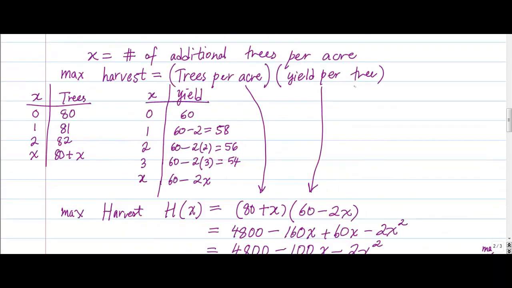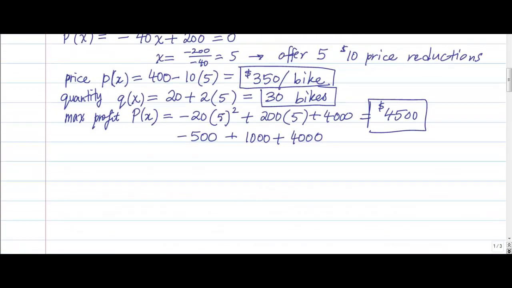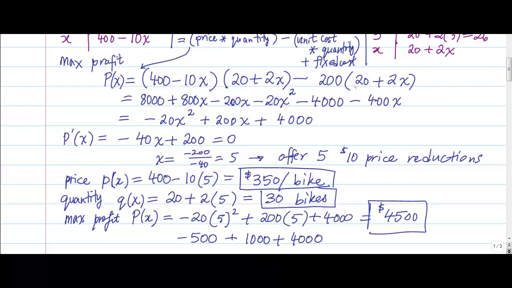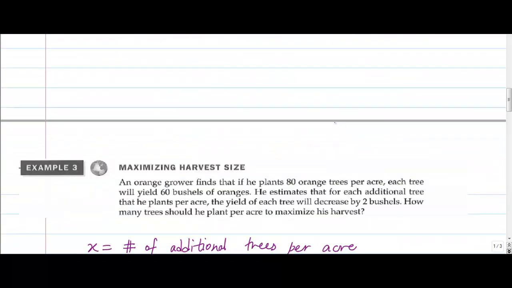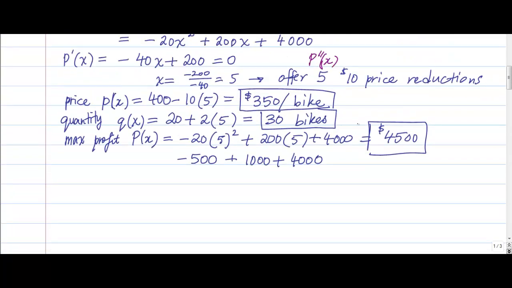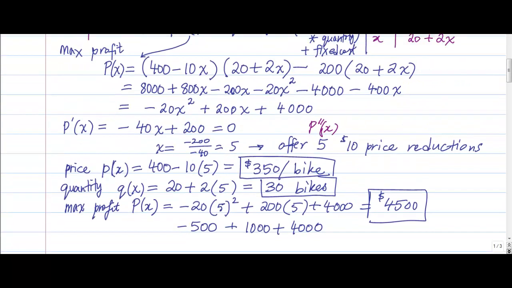Okay? Let's go back to the previous problem and look at the second derivative there. So my first derivative is this. My second derivative is, from here, negative 40, which is again concave down, and we are indeed maximizing.